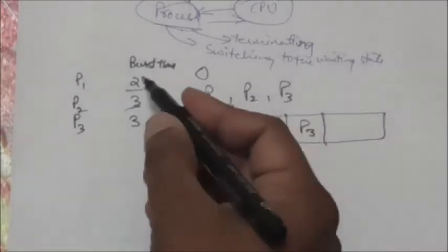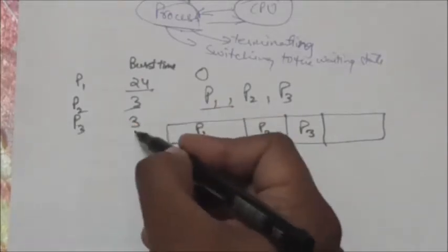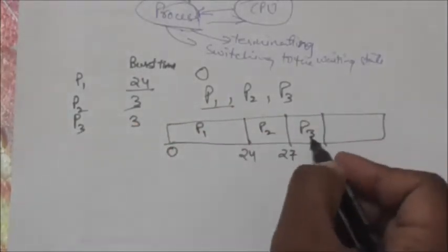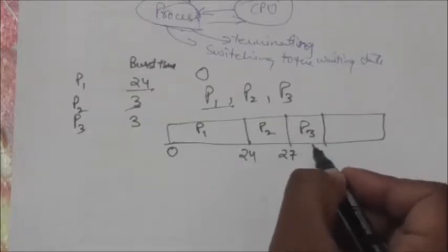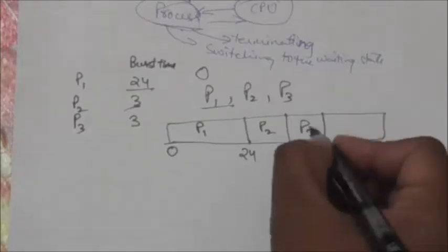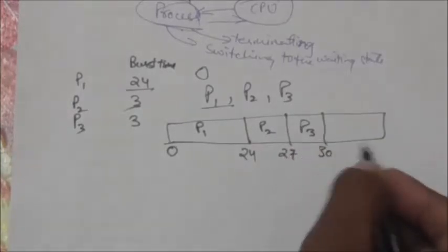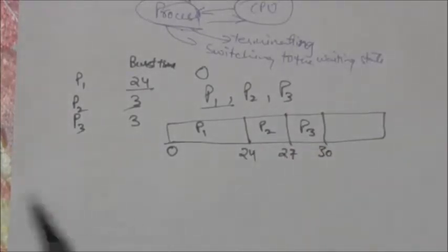The burst time of process P3 is also 3 milliseconds, so at time 30, process P3 will release the CPU.